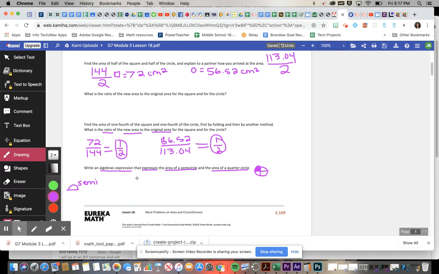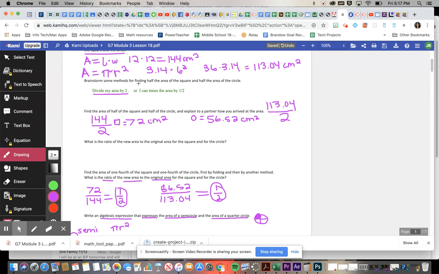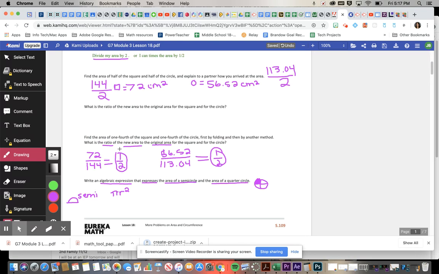So how do we find the area of half a circle? Well, what did we do? We found the area, which was pi radius squared, and we divided that by 2. So I could write divide by 2, or remember, we talked about how we could either divide by 2 or times by half, because it's the same thing.